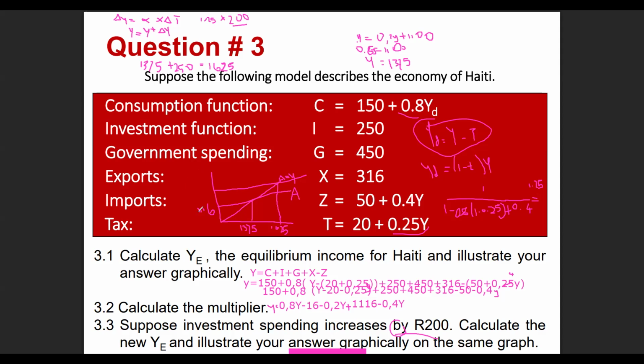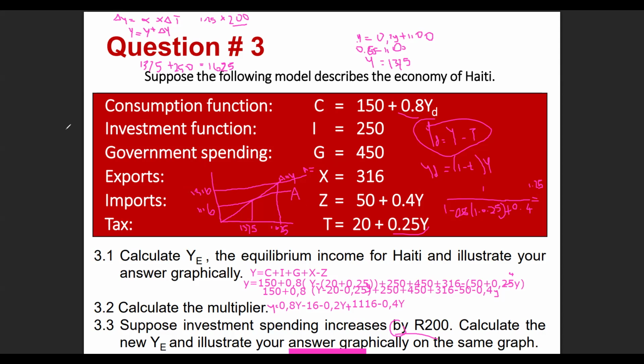So we're just going to say 1,116 plus 200, which is 1,316. So it's 1,316. Then here you're just going to say it's A, which is equal to C plus I plus G plus X minus Z. So here we are done.